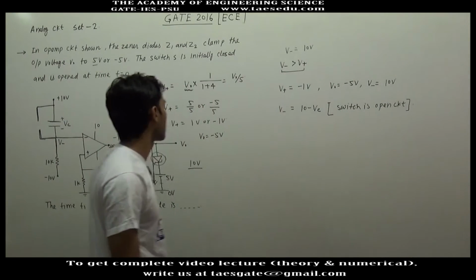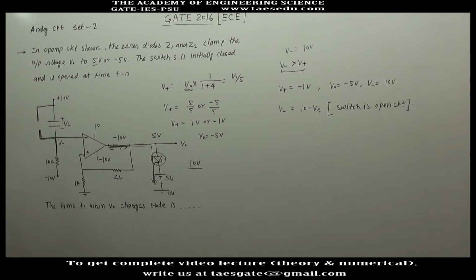And what will happen in steady state? In steady state there will be no current through the capacitor, and no current through the resistance either, because there is only one path, through the capacitor, and in steady state the capacitor will not allow any current. What will be the capacitor voltage?